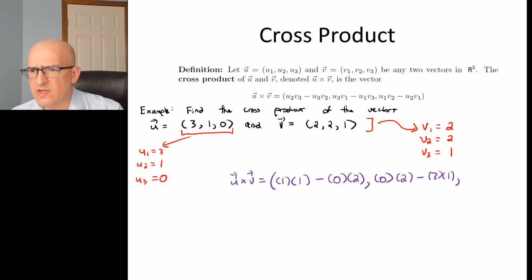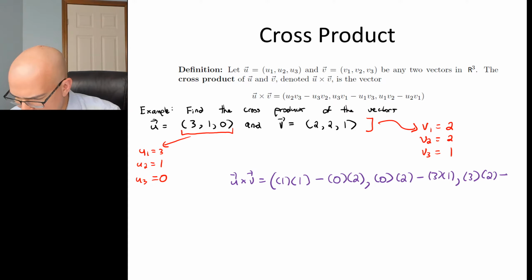I have to squish this one in, I have u1 v2, so 3 times v2, which is 2, minus u2 v1, so 1 times 2. That fit, okay.